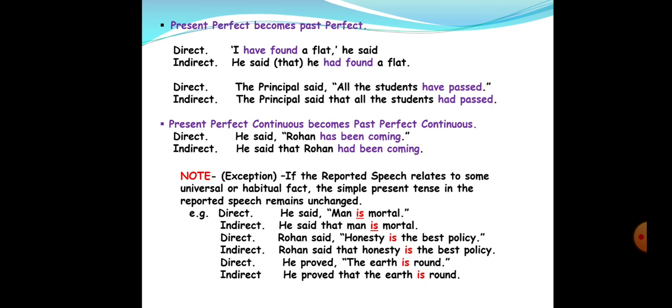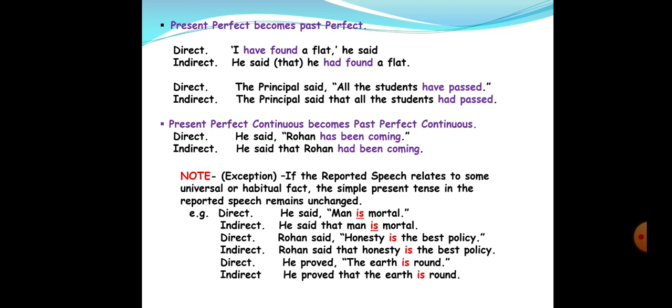Now here there is an exception in this rule, so just note it. If the reported speech relates to some universal or habitual fact, the simple present tense in the reported speech remains unchanged. For example, if we write in direct speech, he said man is mortal. In indirect, he said that man is mortal.